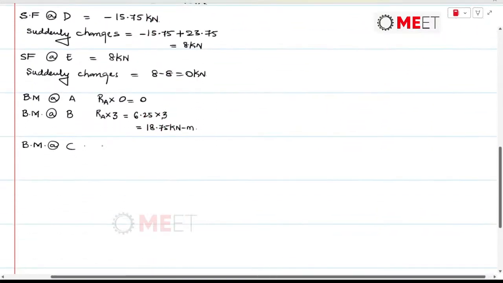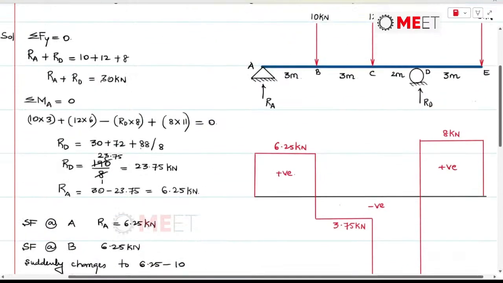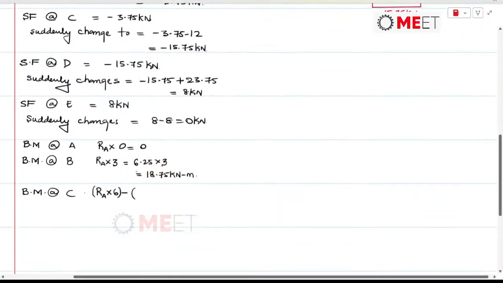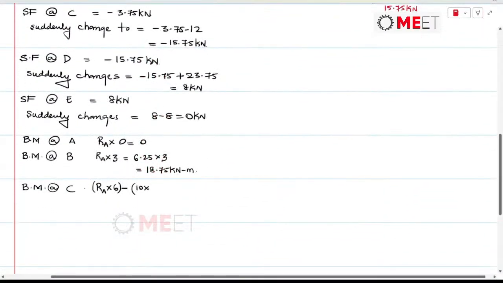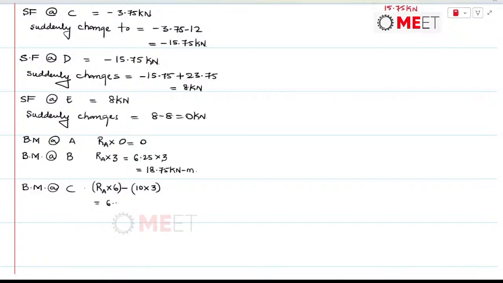Bending moment at C will be equal to RA into perpendicular distance, which is 6, minus the other load we have, 10 into 3. So RA is 6.25 into 6 minus 30. 6 sixes are 36, plus 0.25 into 6, which is 1.5.